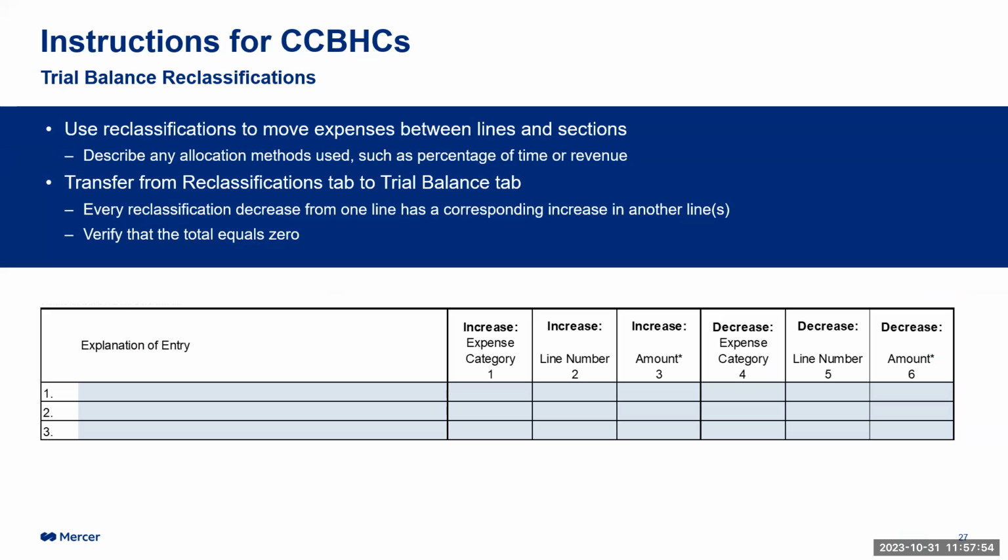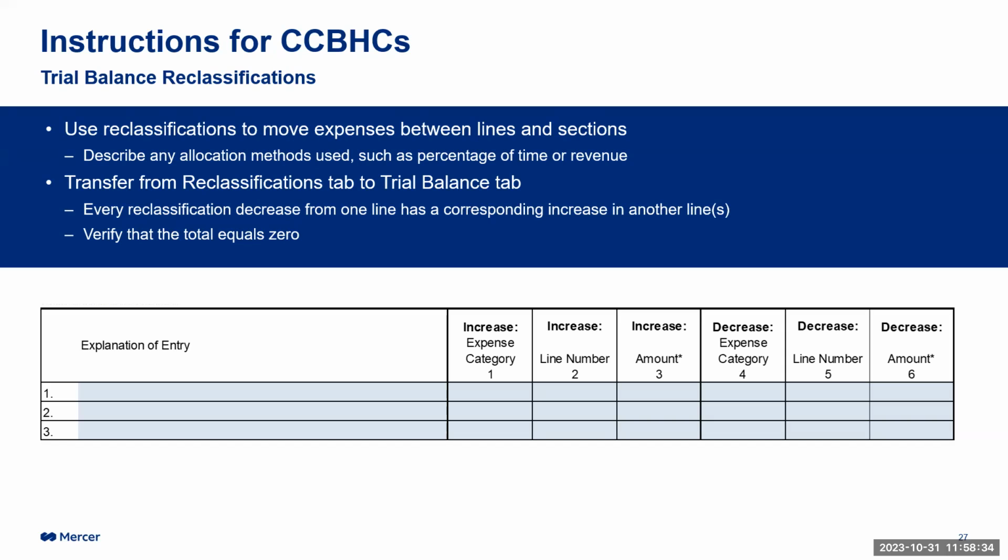Moving down, okay. So the first tab, trial balance reclassification. Again, this is to move expenses between line items and sections. Appropriate allocation methodologies could be a percentage of time that, say, in that example, the psychiatrist spends between direct services and administrative functions. If you're moving between CCBHC direct and non-CCBHC direct, total revenue could be an option for moving items between those categories.